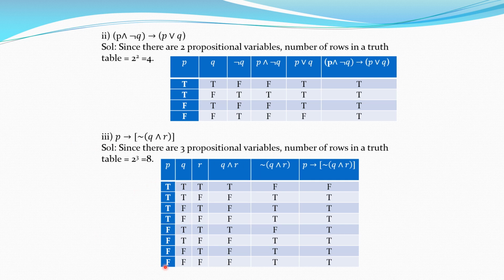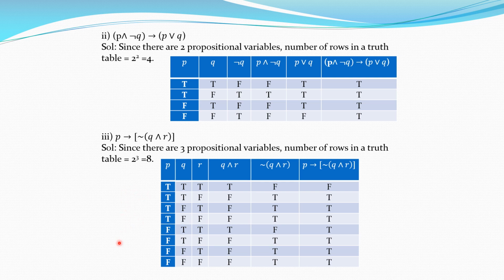Now, how to write those 8 rows? See, here it is easy to remember. Now for P, we write the first 4 rows as true and the next 4 rows as false. Now for the first 4 rows for Q and R, how to write? It is similar to the two variable table, that is TT, TF, FT and FF.